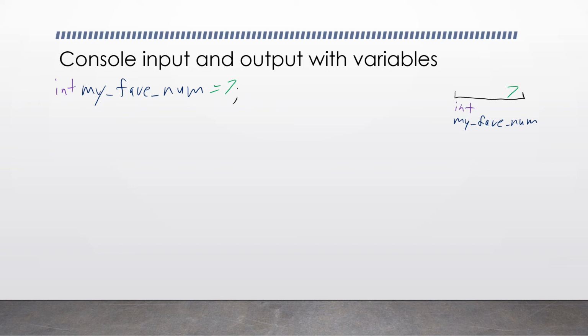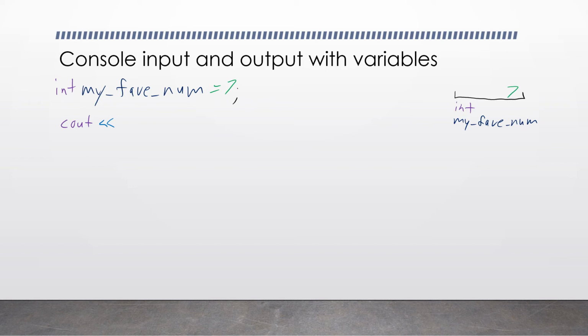Okay, we can do some cool stuff with it using input and output. So let's say we wanted to output it to the console. We could say cout. The output operator in C++ is 2 less than signs.